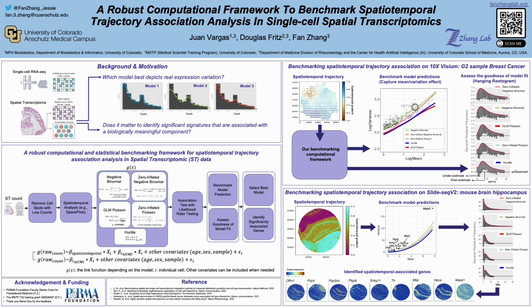We tested our algorithm and framework on 2 typical ST datasets. One is the 10x Visium data from a grade 2 breast cancer sample. As you can see, given a spatial temporal gradient between the tumor and the immune interaction, we applied and tested the different models and their performance.